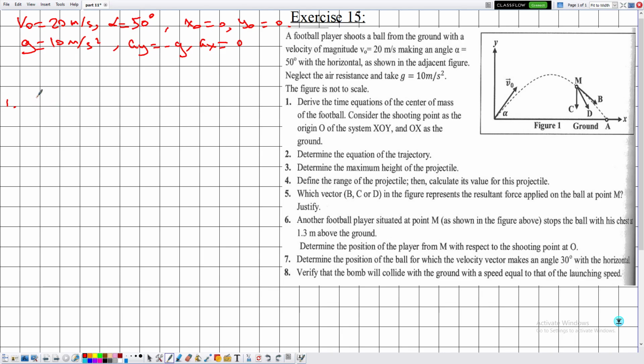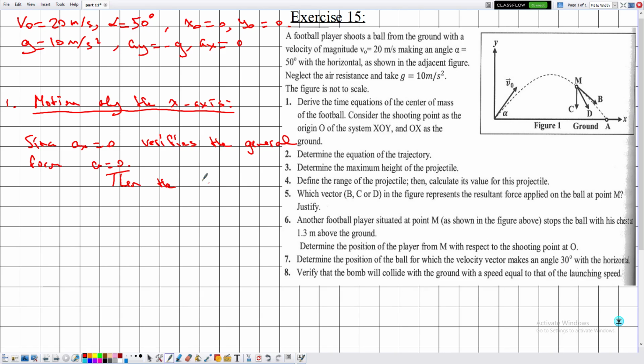Let me say motion along the x-axis: since ax equal to 0 verifies the general form a equal to 0, then the type of motion is URM along the x-axis.